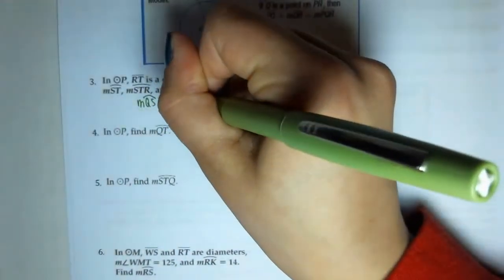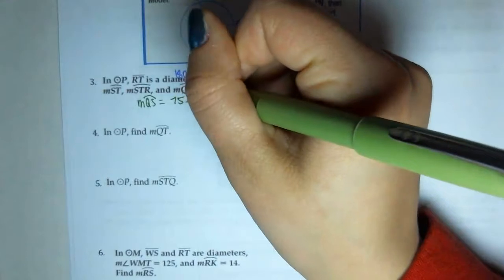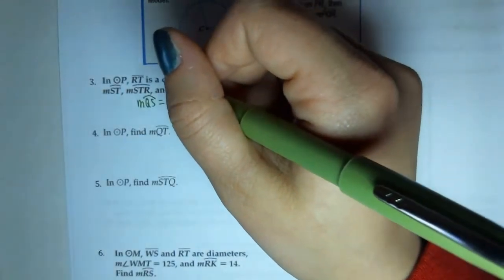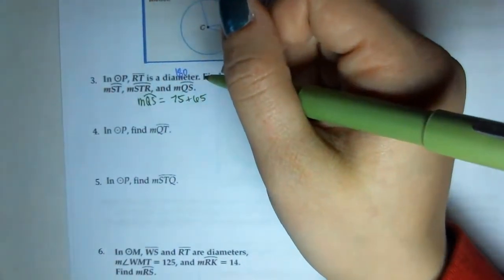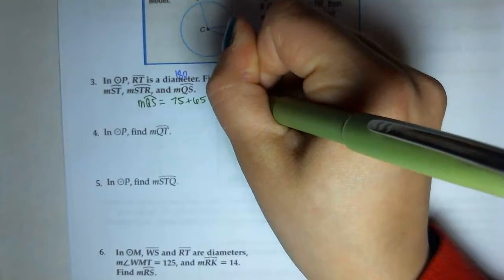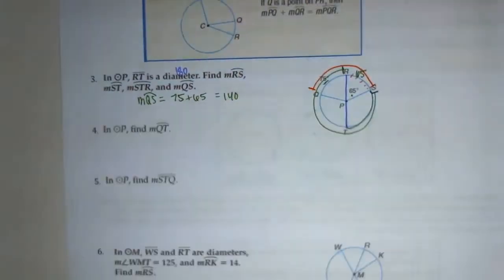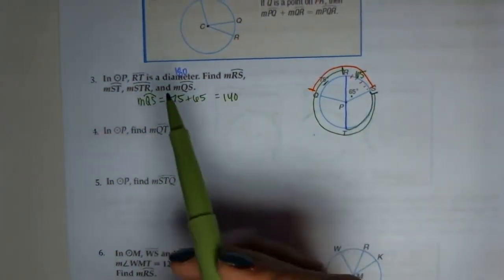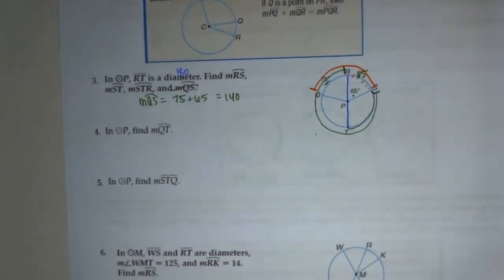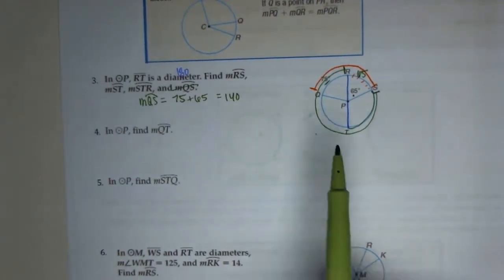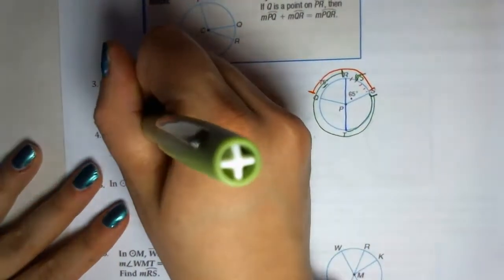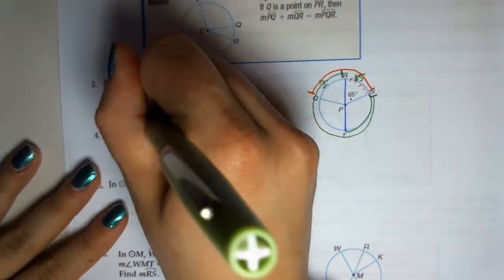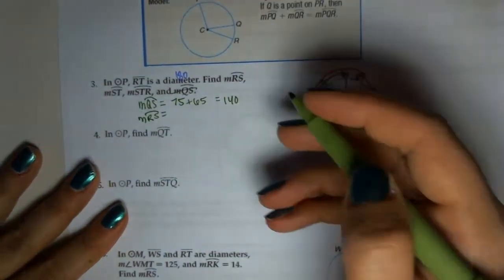So 75 plus 65, I get 140. All right. So I found that one. Next, it wants me to find, oh, RS, already found that one. Measure of arc RS, 65.